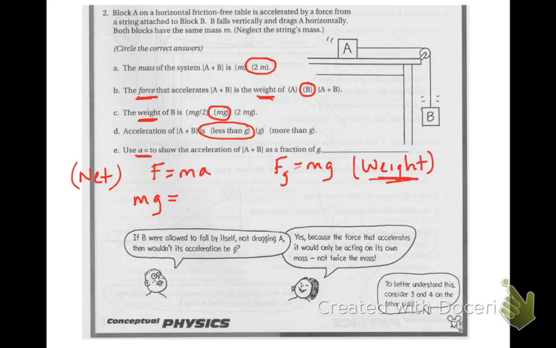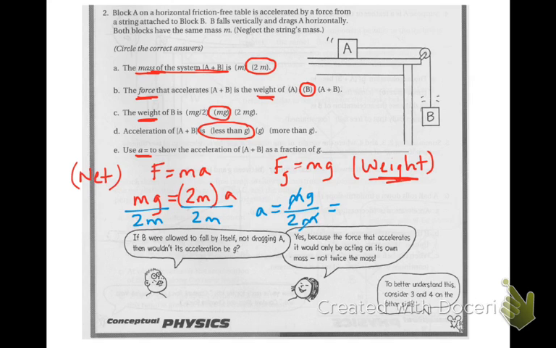Our mass of the system is 2m. So we're going to plug that in for our mass, and let's solve for our acceleration here. We're going to divide both sides by 2m, and we would get our acceleration is equal to mg over 2m.